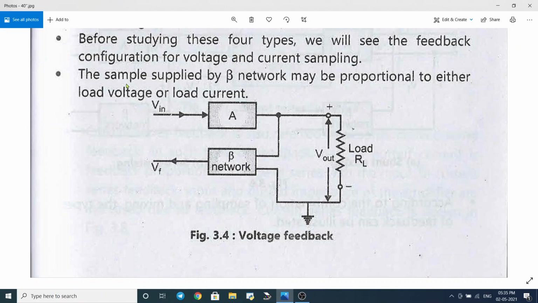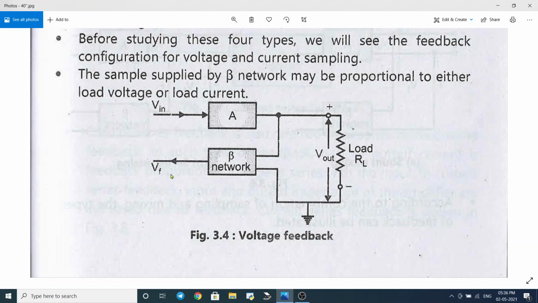Here the sample means the feedback voltage or current supplied by the beta network, which may be proportional to either load voltage or load current.